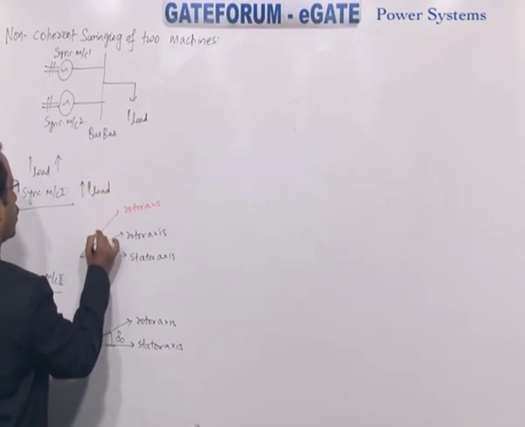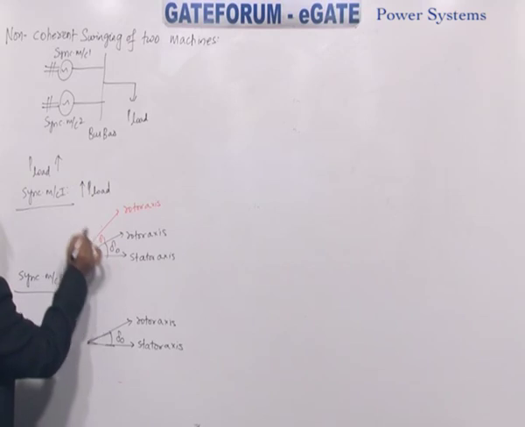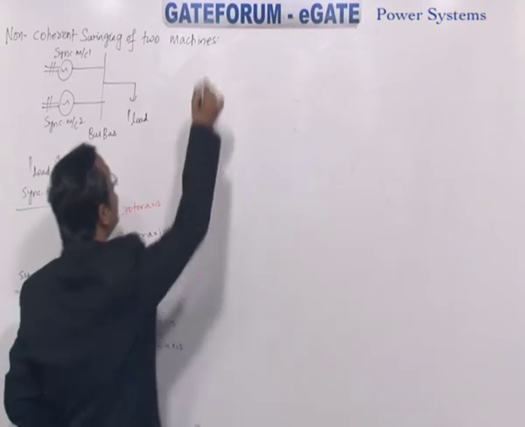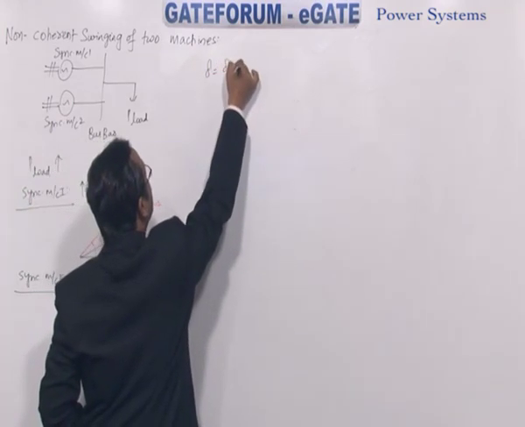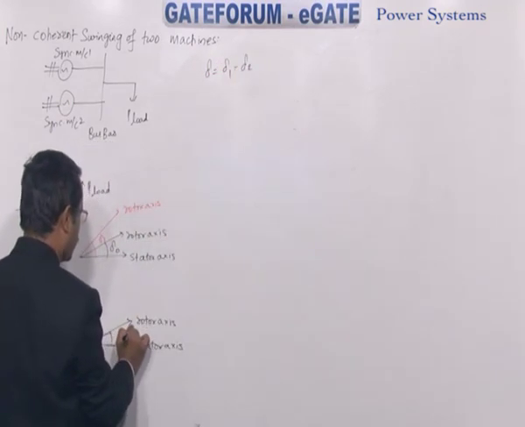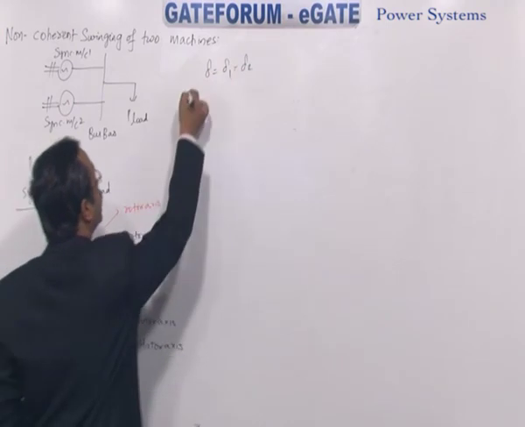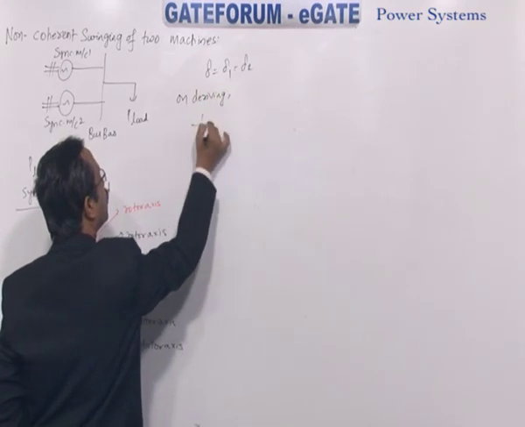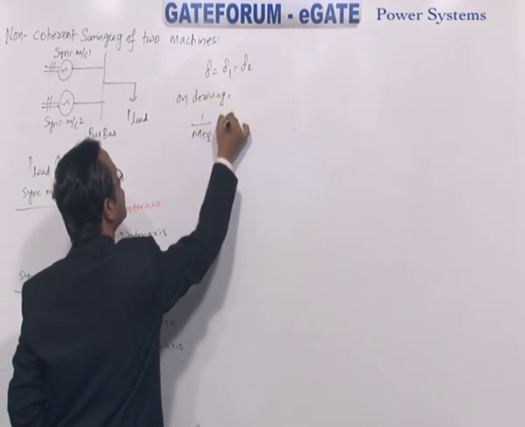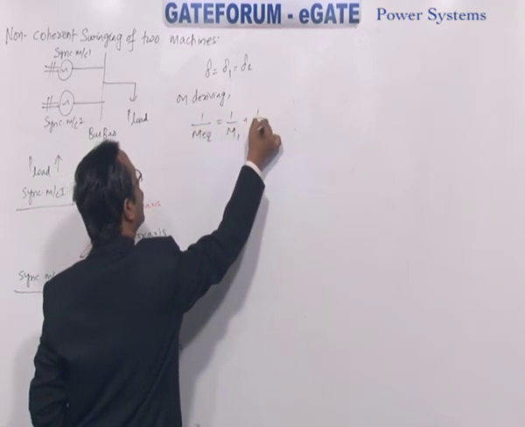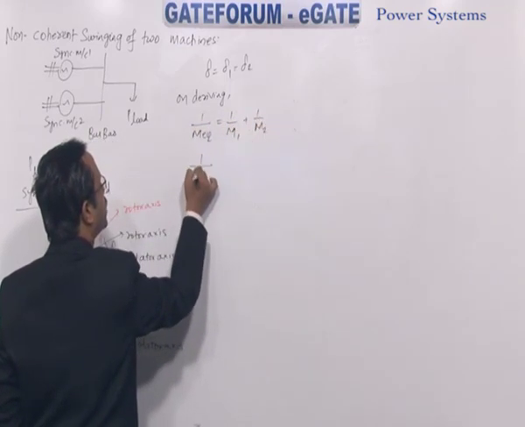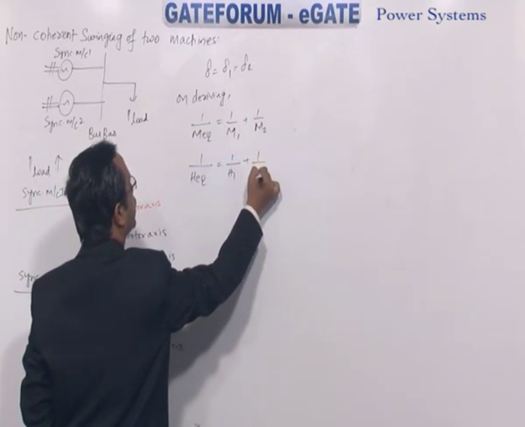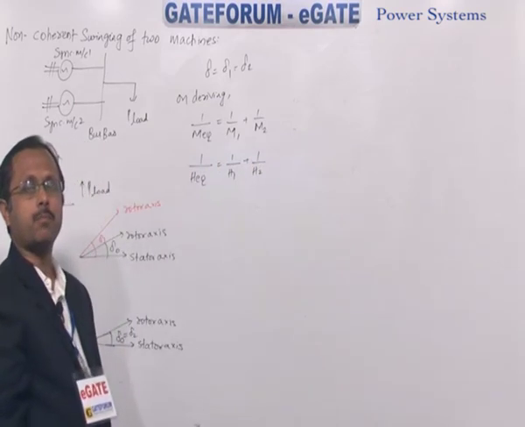So only the position of the rotor with respect to the stator changes for machine 1. For machine 2 there is no change. So what is the equivalent delta now? It is delta 1 minus delta 2. On further deriving, you get the relation 1 by M equivalent is 1 by M1 plus 1 by M2. M and H are directly related, so 1 by H equivalent is 1 by H1 plus 1 by H2.